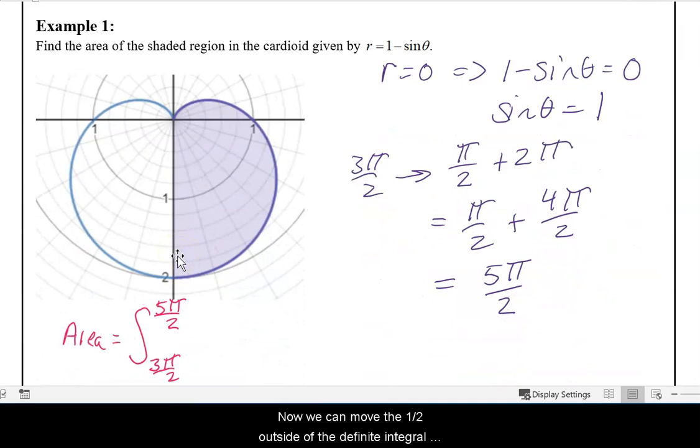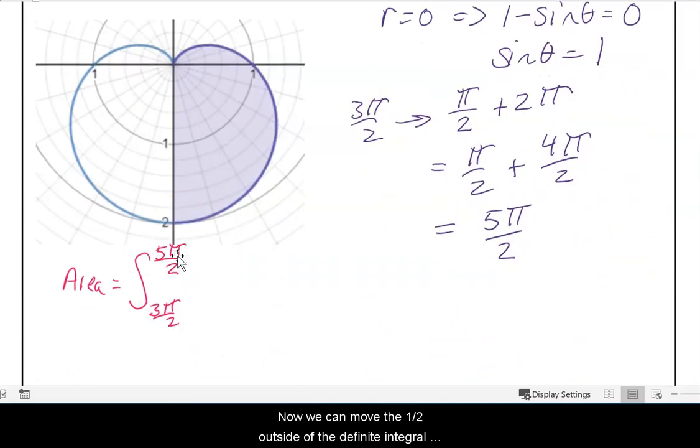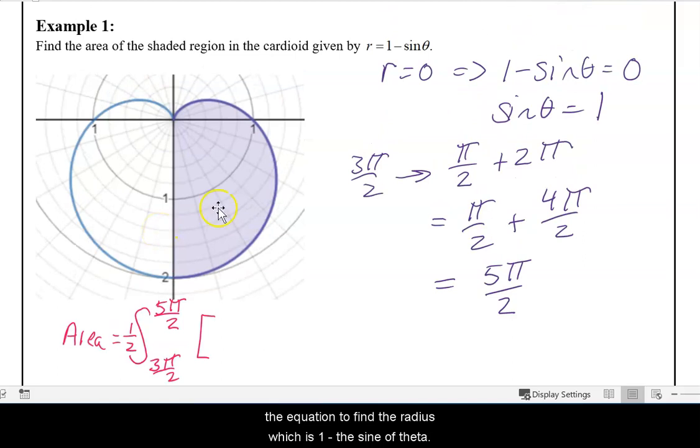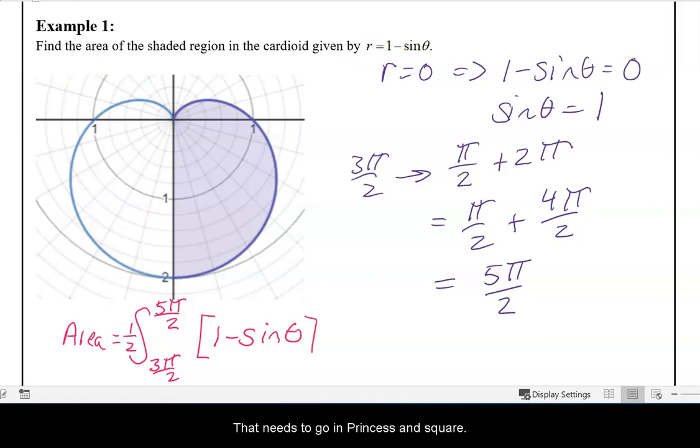Now we can move the 1/2 outside of the definite integral and write it at the front. We need the radius squared, so we'll have to come back to the equation to find the radius, which is 1 minus the sine of theta. That needs to go in parentheses and squared. Then we have the differential d theta.